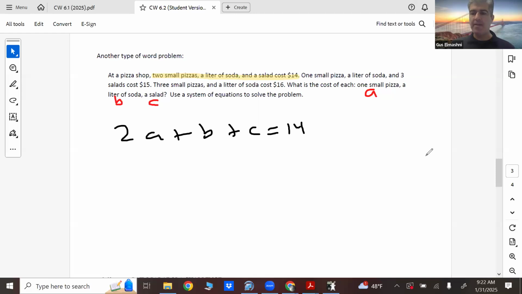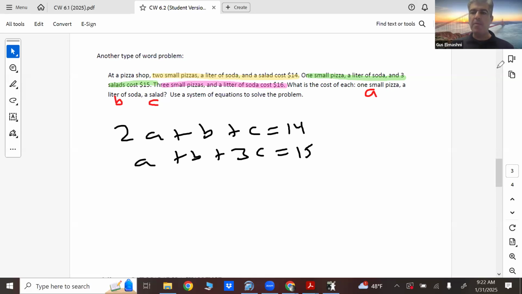Hold on, let me get a highlighter again. Quiet, please. So next up is A plus B. And the last equation? 3A plus B plus 16.